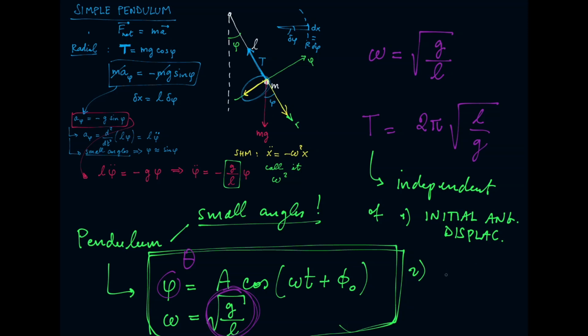And it's independent of the mass, which is probably a little bit surprising, because you might guess that if you attach a bigger mass at the end of a pendulum, gravity pulls more strongly, and so you have a shorter period, for example. But actually, because of Newton's second law, where yes, the force is bigger, but the force it takes to accelerate is also proportionally bigger, the pendulum has the same exact period for any object, given the same planet, same gravity, and given the same length of the pendulum.